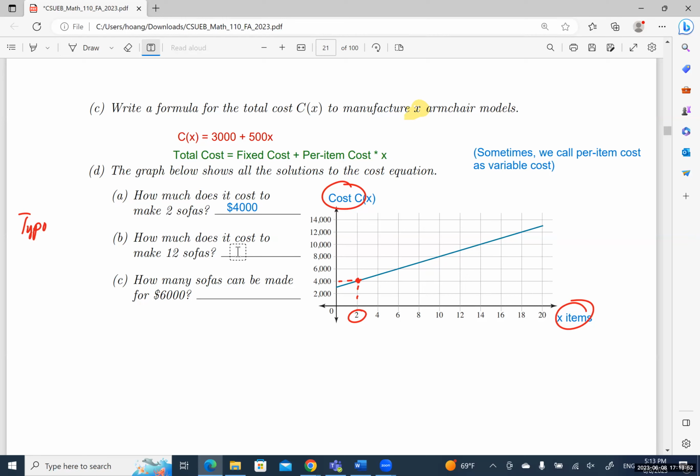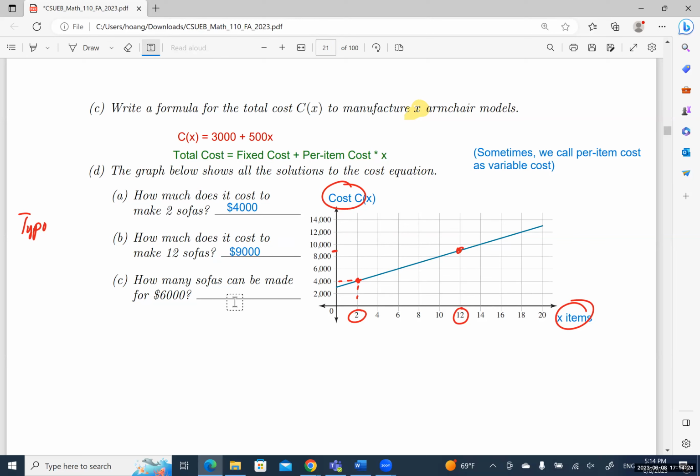How much did it cost to make 12 sofas? So look at 12. Similarly, you map up to the graph, and from this point the corresponding cost will be about 9,000. Right. So let's put down 9,000 here. Okay.